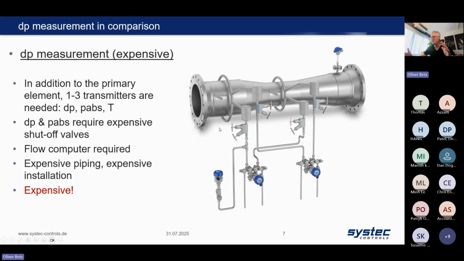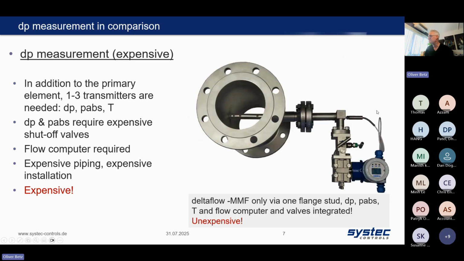Also the installation of a Venturi. So this might be a 300 millimeter or something like that. You can imagine that this primary element is quite costly. And here you have all these condensation pots, the valves, the transmitters, the temperature sensor. Altogether, this is really an invest. So yes, it's true, it's expensive, but you already are expecting my answer on that.